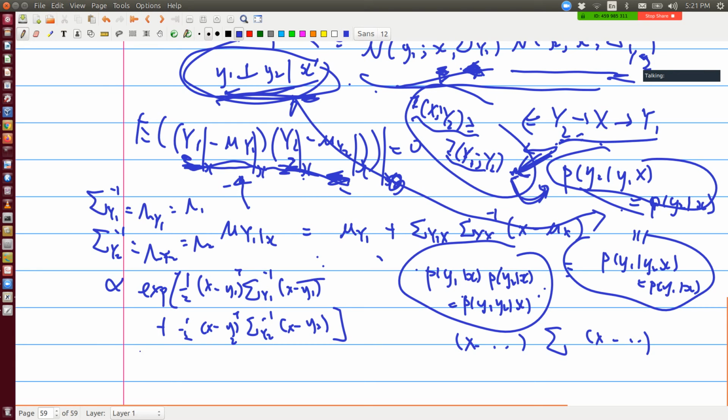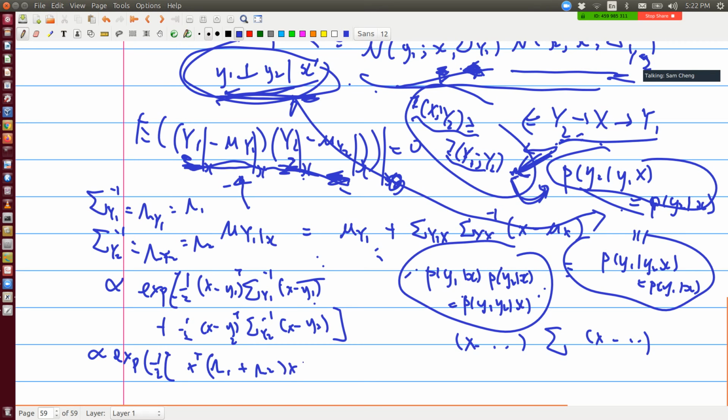And you see, if I expand that, this is proportional to exponential, with a minus sign here, minus 1/2 x transpose lambda 1 plus lambda 2. That's these two terms here.